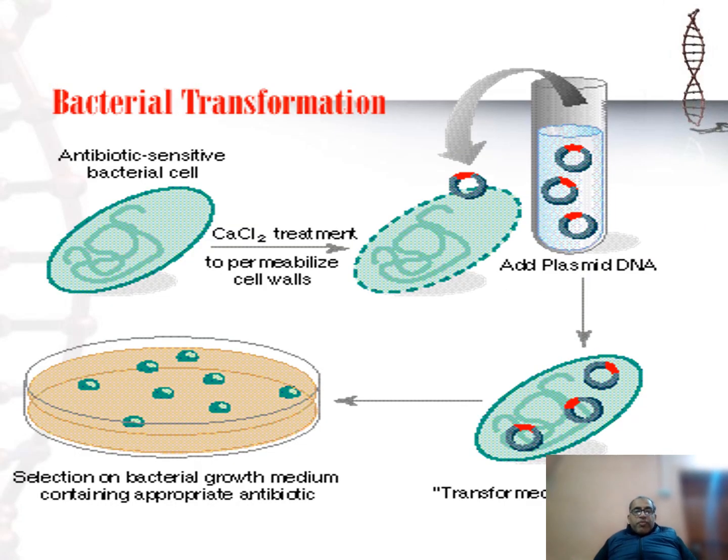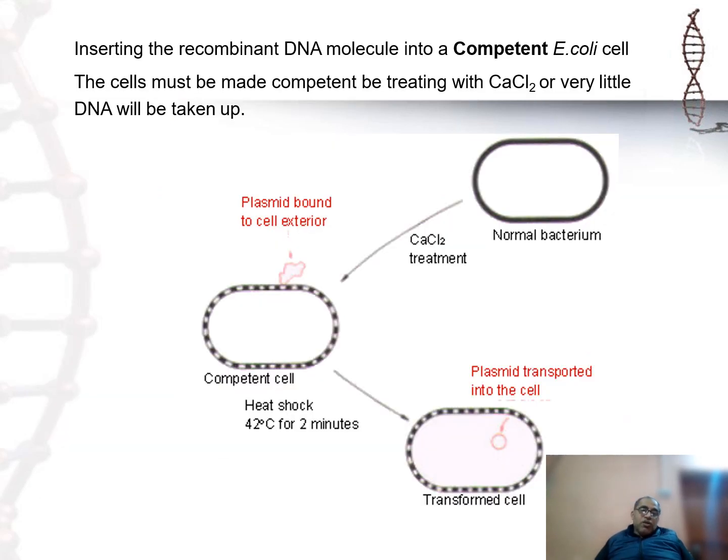Then bacterial transformation, as we discussed earlier, could be done either with chemical competent cells, which could be produced with calcium chloride, or with electrocompetent cells, using electroporation. The transformation efficiency of chemical competent cells is lower than electrocompetent cells. The efficiency of the electrocompetent cells is much higher.